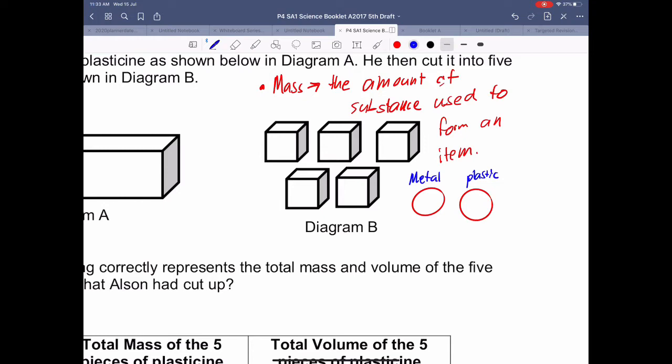When you put them on a weighing scale, though they have the same volume and the same size, you realize that the metal is heavier than the plastic. The reason is that the metal has a greater mass. It contains a larger amount of substance. So we say that the metal has a higher mass.